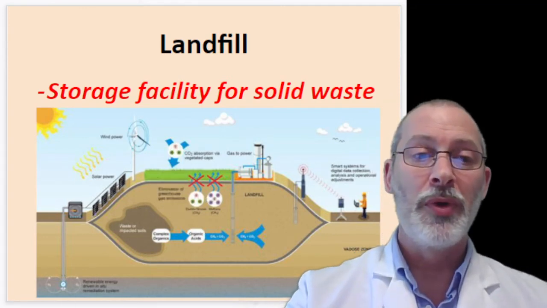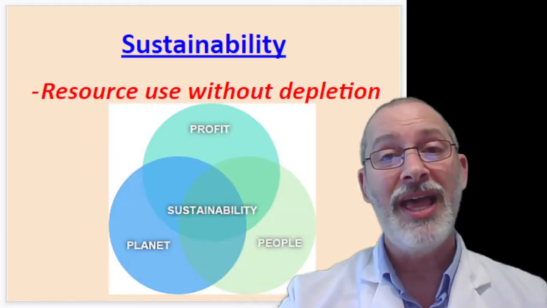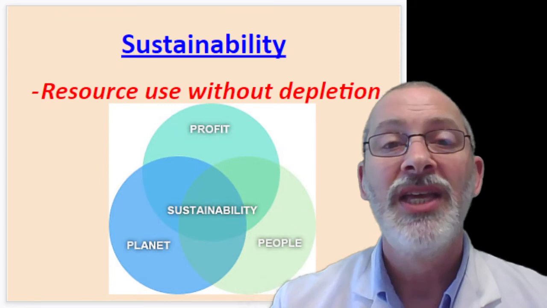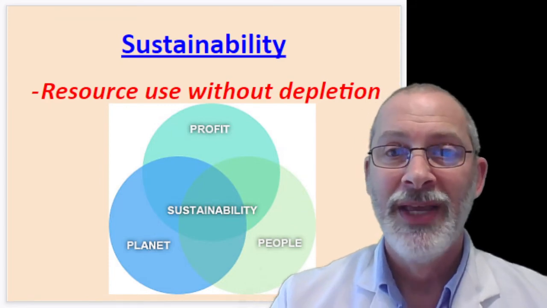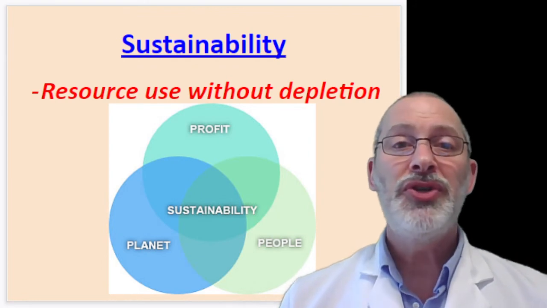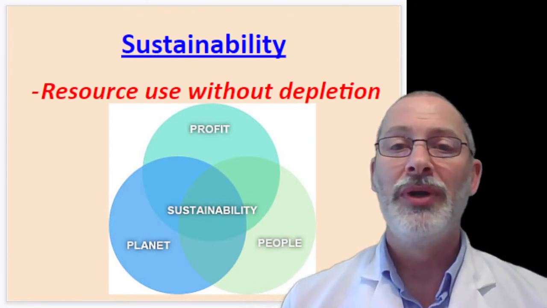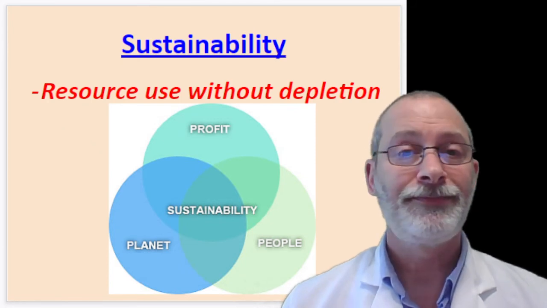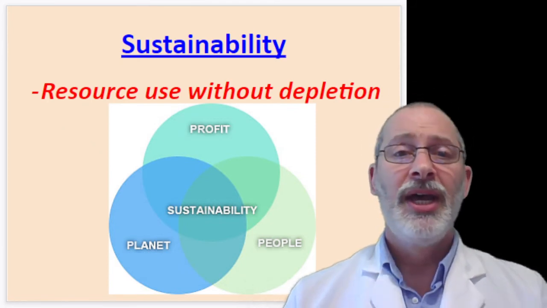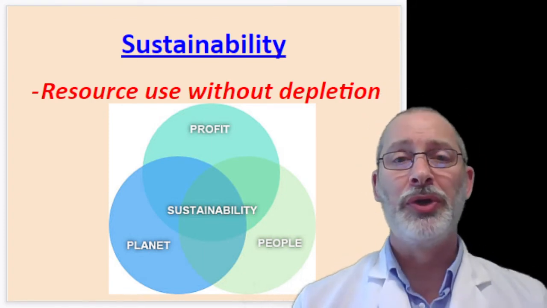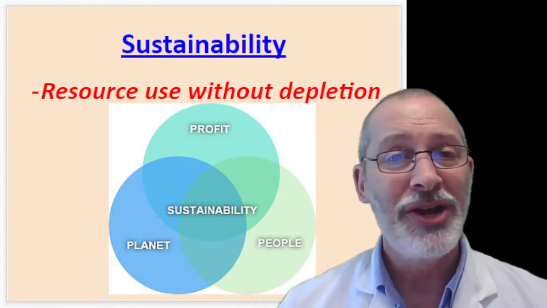And this is where we're going to be finishing up today, because this word is super important: sustainability. Sustainability is resource use without depletion. It just makes sense. It makes sense no matter what your background is and what your desires are in life.